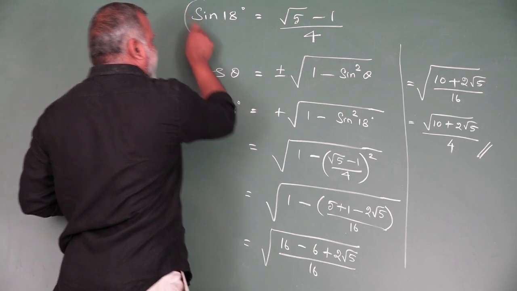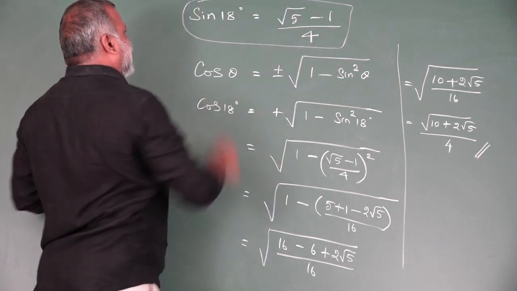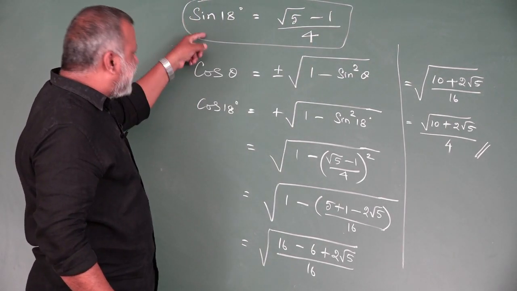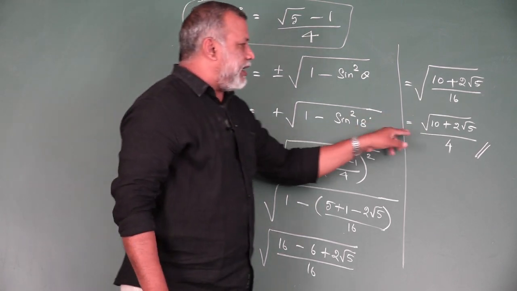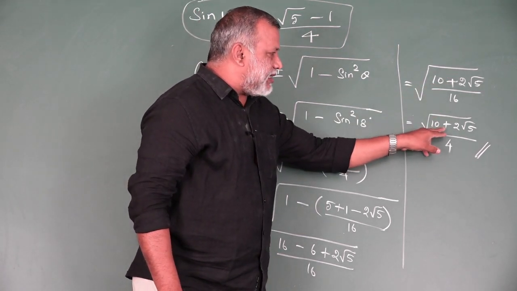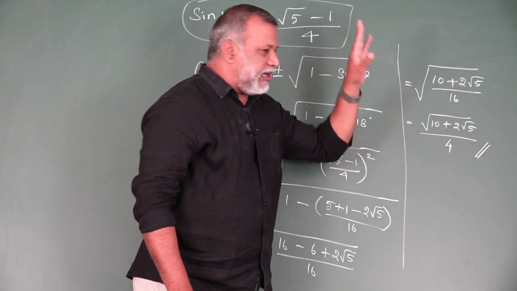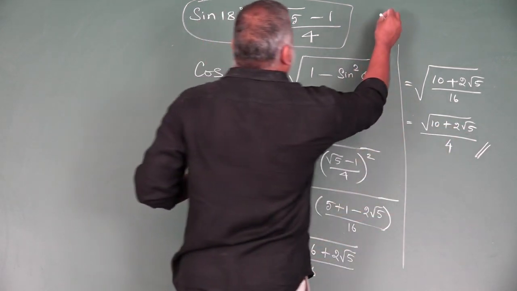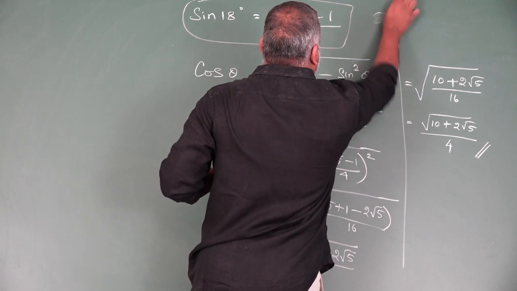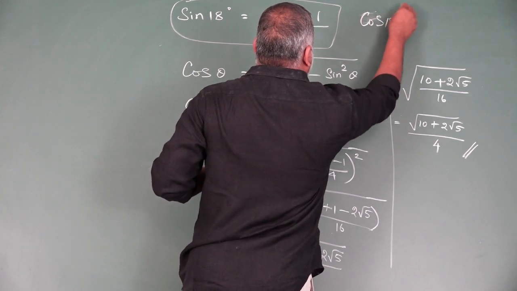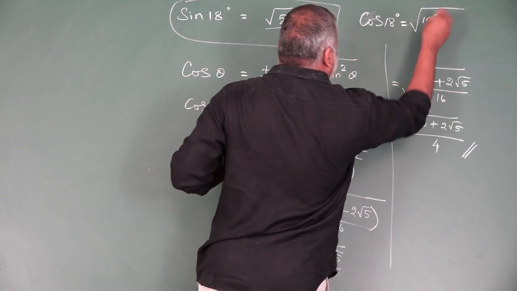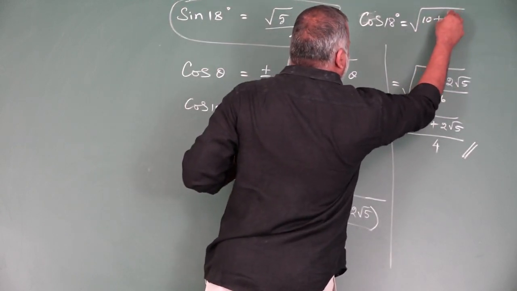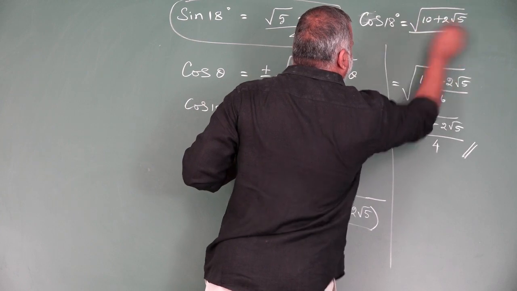So yesterday itself we derived the value of sine 18 degrees. From this we are able to derive cos 18 degrees. Cos 18 degrees is equal to square root of 10 plus 2 root 5 divided by 4.